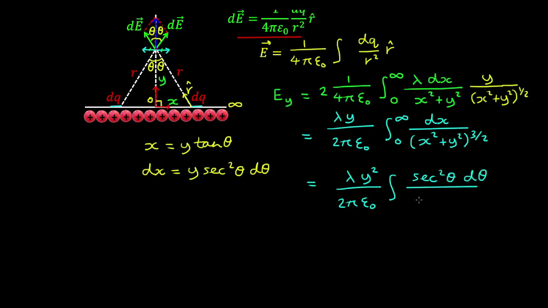And x squared is y squared by tan squared theta, which will factor out. So we have plus 1, and that's to the power of 3 on 2. So note that our integral was with respect to x previously. So as we can see, as x approaches infinity, this line gets flatter and flatter.